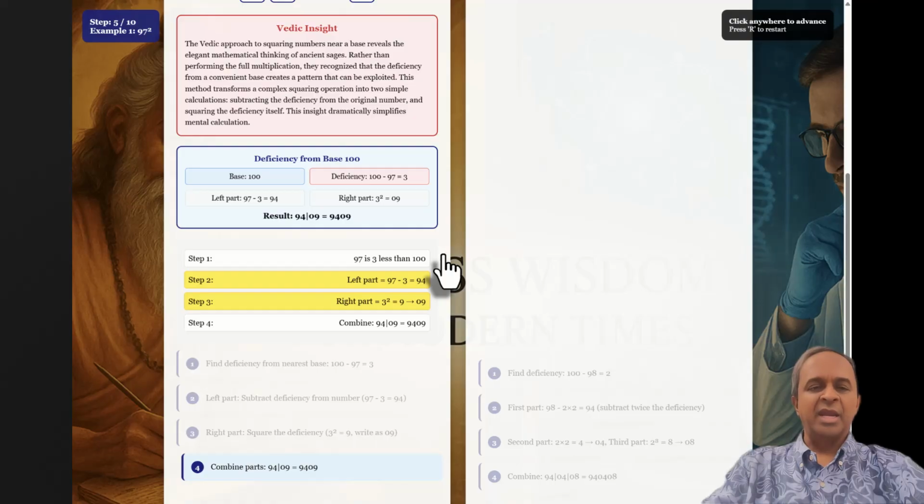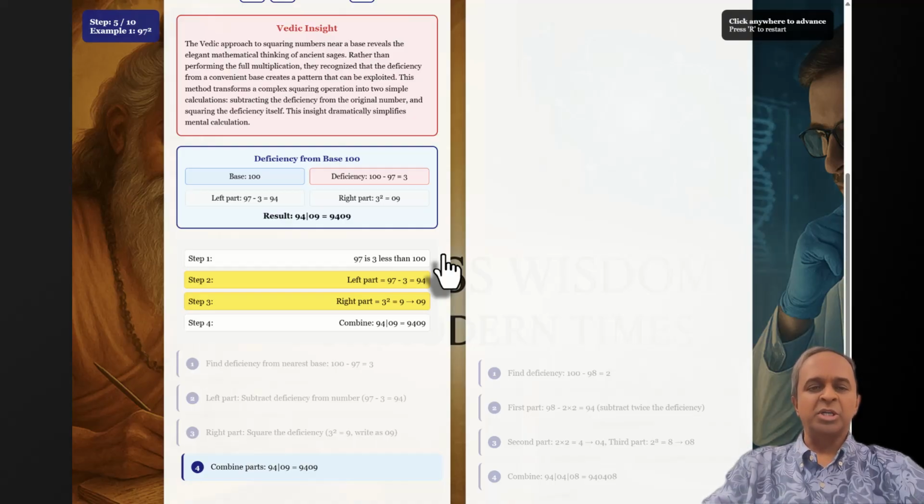Take a minute to digest. Taking a number like 97 squared, close to the base of 100, you find the deficiency, which is how much less than 100 it is: 3. On the left side, where you have 97, you subtract 3 to get 94. And on the right side, you square the deficiency, which is 9.